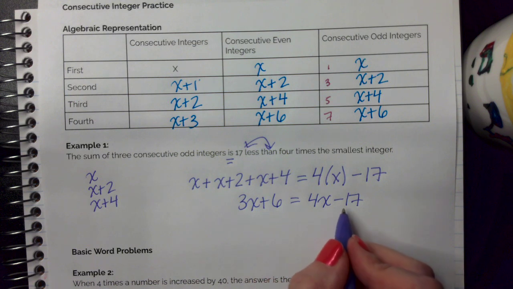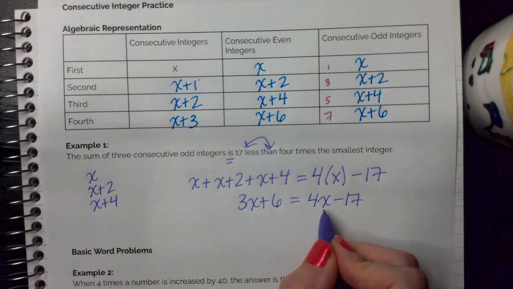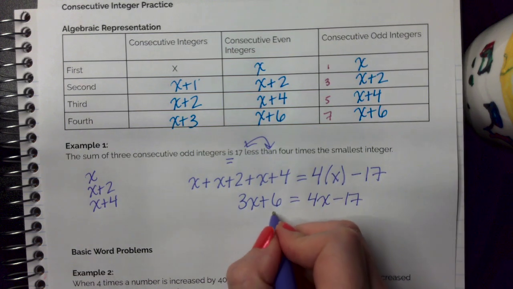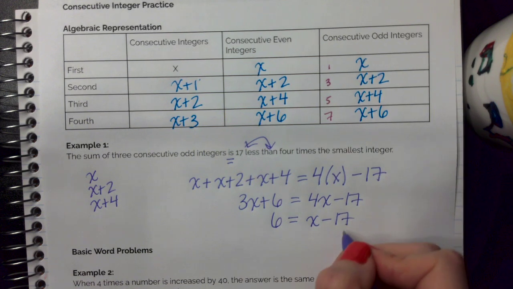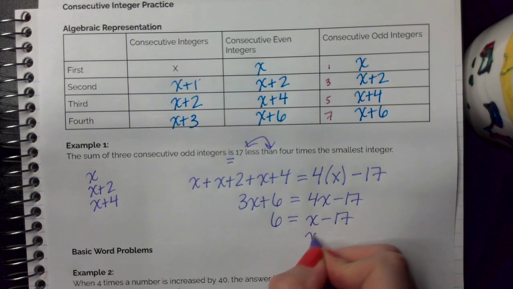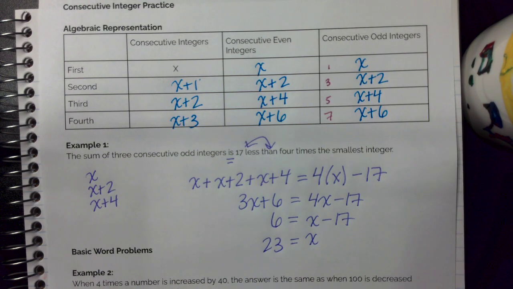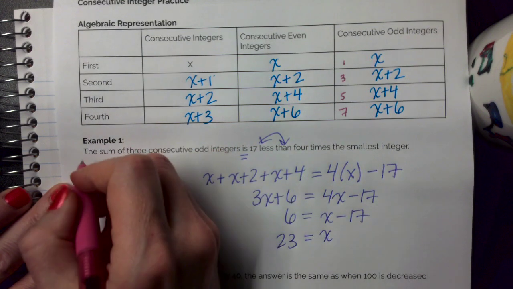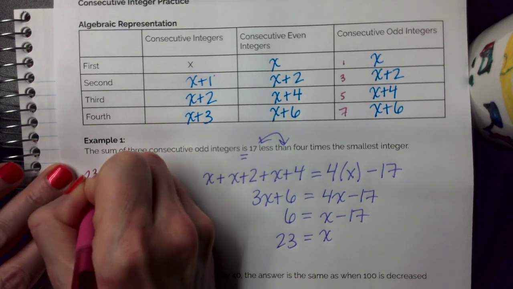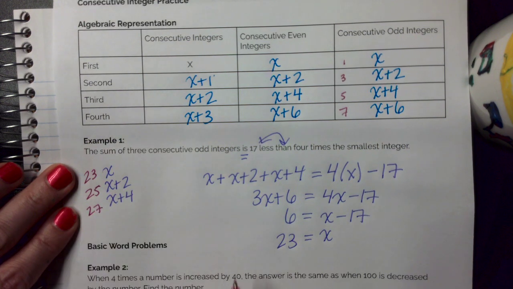We're going to move the 3x to the right side, so subtract 3x from both sides, and we get 6 equals x minus 17, and then I'll add 17 to both sides to get that x is 23. So the 3 consecutive odd integers, well, good thing the first one is odd, that makes sense. So I have 23, 25, and 27.